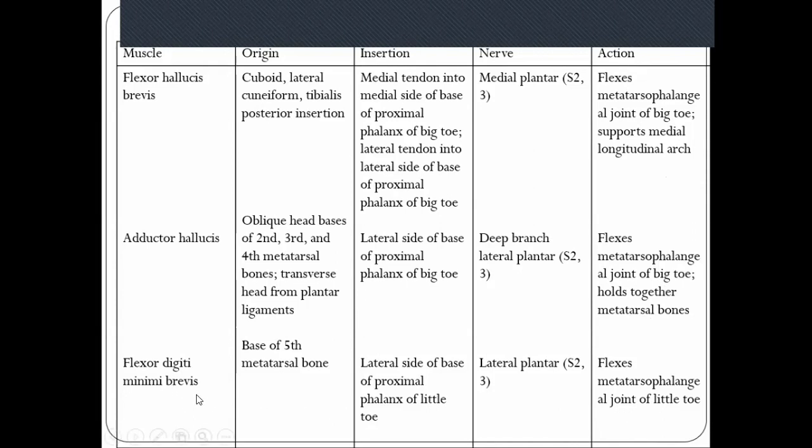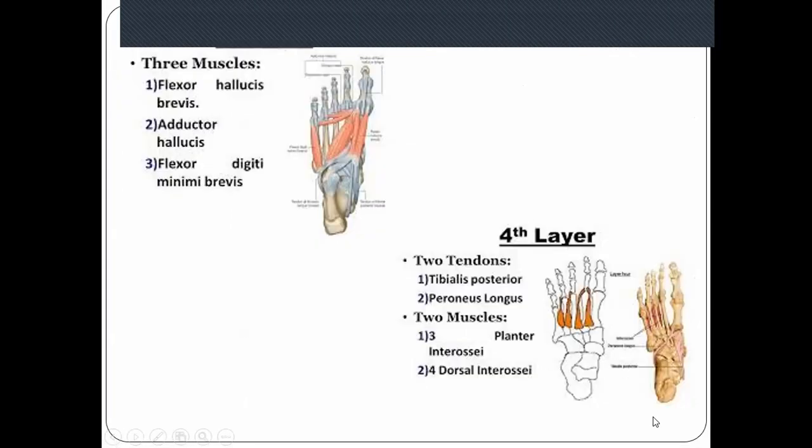So the flexor digiti minimi brevis muscle is also supplied by the lateral plantar nerve and it flexes the metatarsophalangeal joint of the little toe. So this is the third layer. The picture is not very clear, I think, but you can see the small muscle layers.